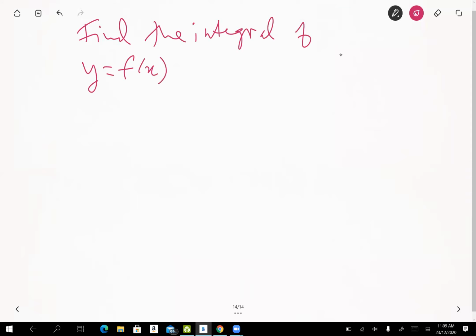Find the definite integral of y equal to f of x equal to x squared plus 3 from x equal to 2 to x equal to 6.